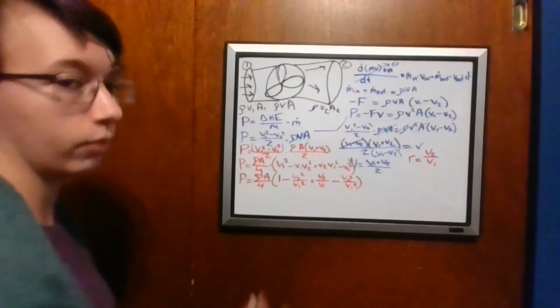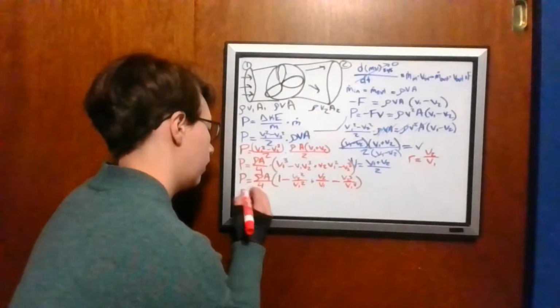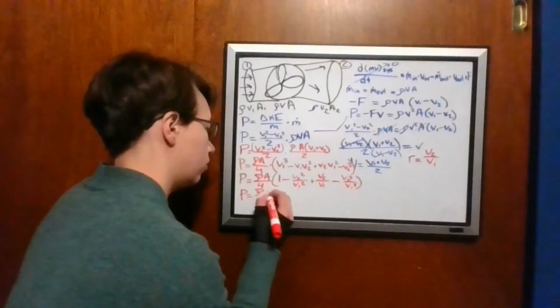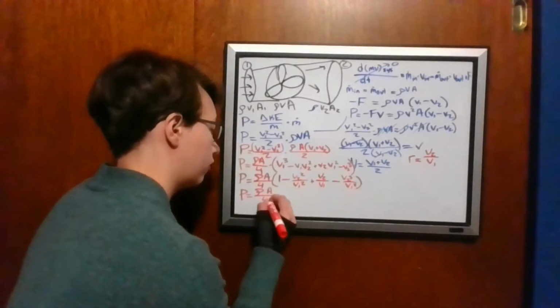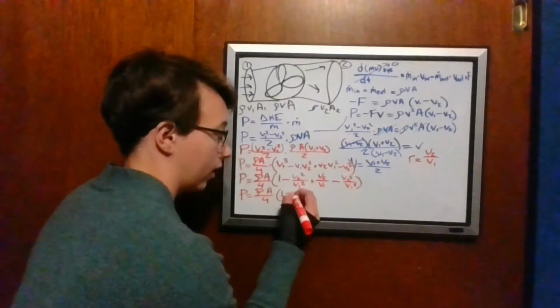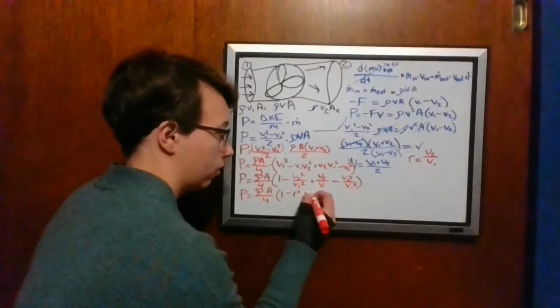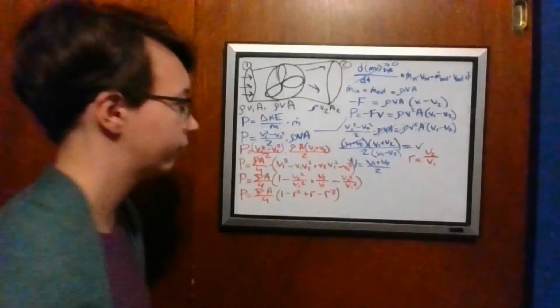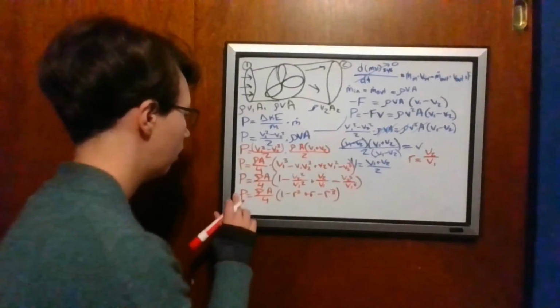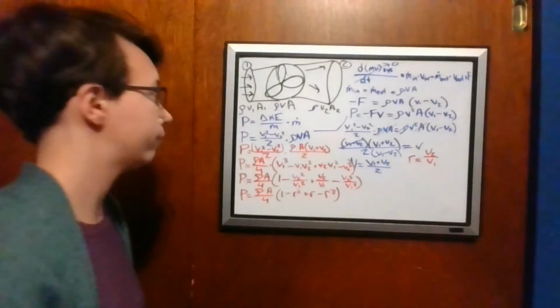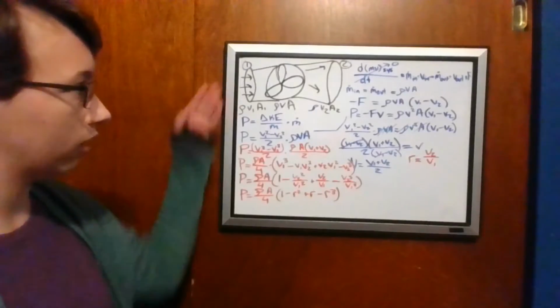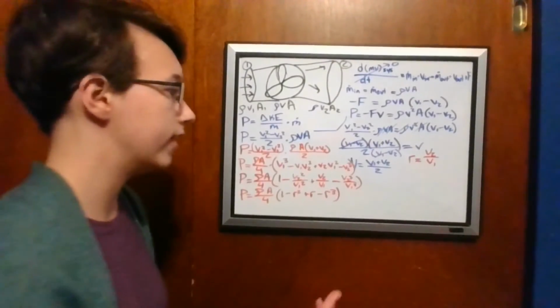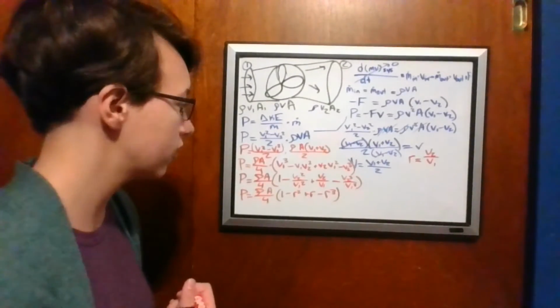Alright, so this works out really nicely. And we have that the power is equal to rho times the area over 4 times 1 minus r squared plus r minus r cubed. Alright, so then at this point, it makes sense that if we had a turbine, we would want to know what is the maximum power that we could get out of this.